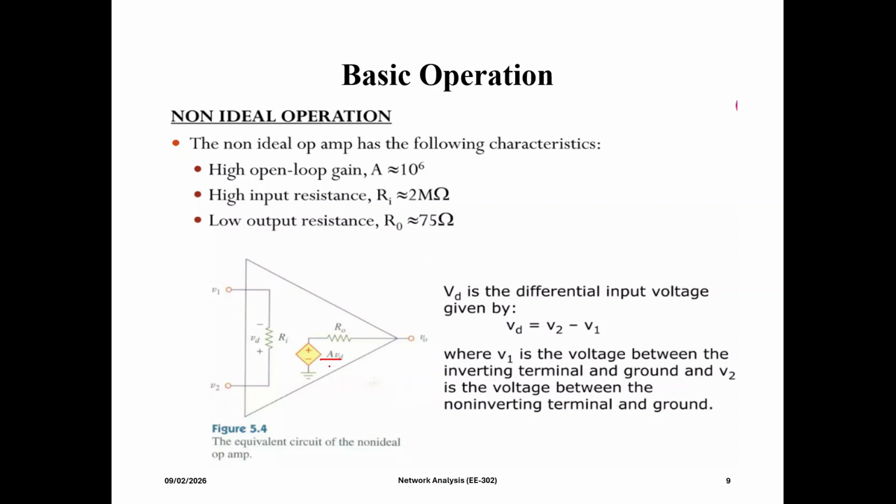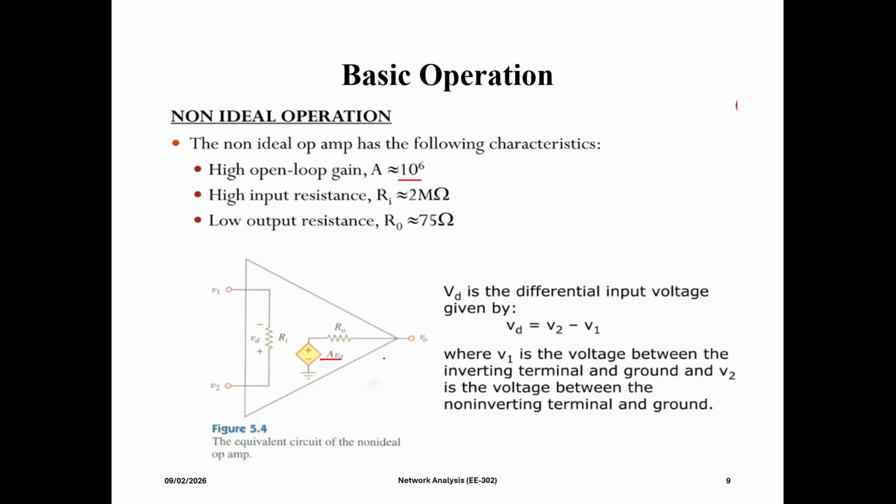Okay, in a real operational amplifier this gain is very high, typically around 1 million, 10 raised to power 6. So this means that for just 1 millivolt of difference between these two inputs, the operational amplifier would try to produce 1000 volts at the output terminal, which is obviously limited by the power supply.